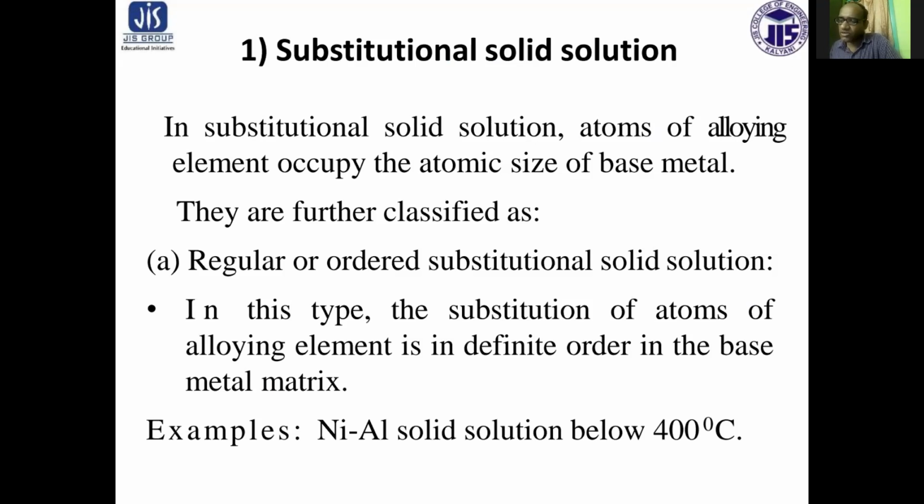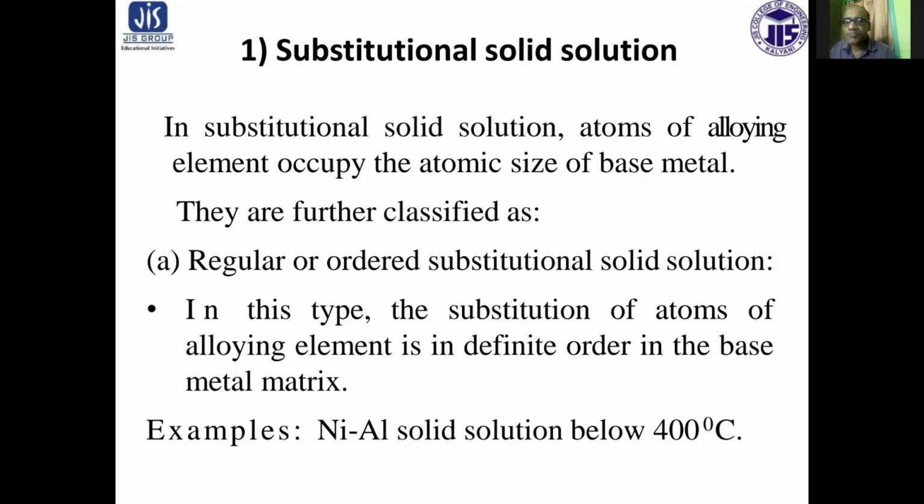Now, first of all, we will discuss the substitutional solid solution. In a substitutional solid solution, atoms of the alloying element occupy the atomic sites of the base metal. These are further classified as regular or ordered substitutional solid solution.